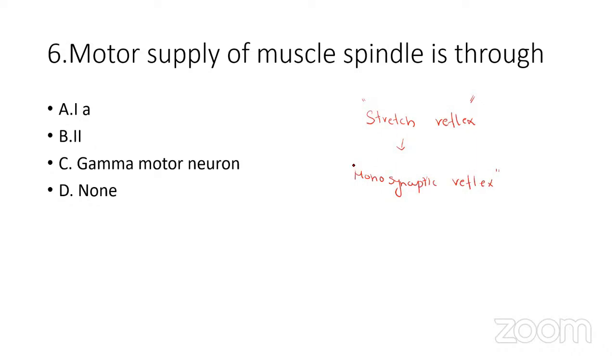That means only one synapse occurs in this pathway. So it occurs at the level of the spinal cord. This reflex never goes to the brain. It occurs at the level of the spinal cord, and it is a monosynaptic reflex.